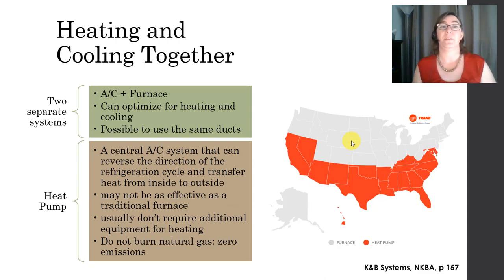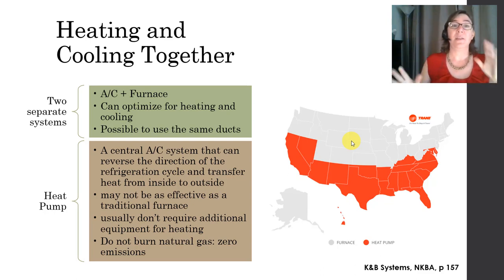Your heating and cooling systems can be two separate systems, and that's what we've been talking about so far. That would be your air conditioning or your cooling system and your heating or your furnace system. And this is done because you can optimize those two different systems for the heating and the cooling.